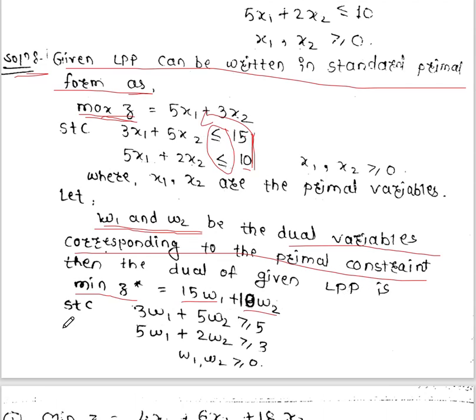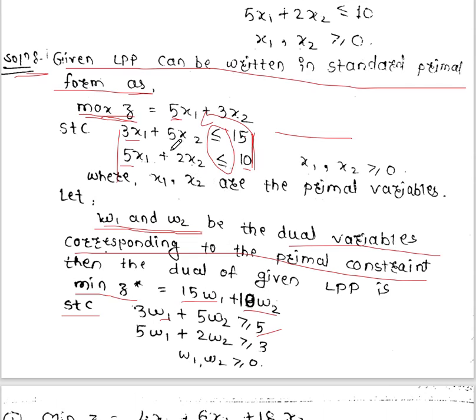Then subject to constraints, A transpose means 3W1 plus 5W2. So this column will become a row, that means 3W1 plus 5W2 greater than equal to C1. C1 means this, that is 5. So this is the first constraint.